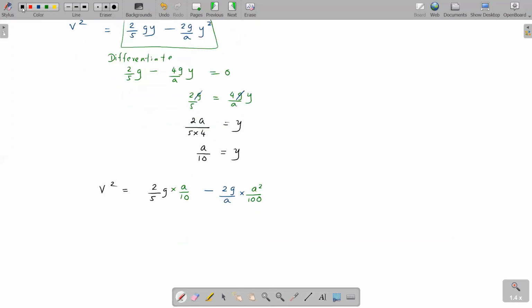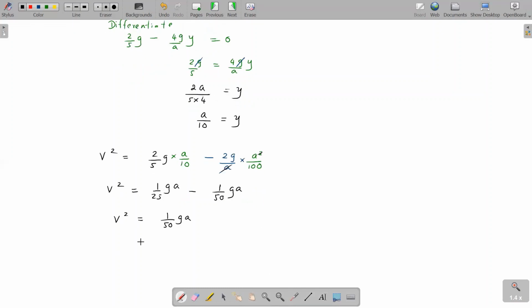So when you simplify, I get v square equals, sorry, 1 over 25 ga, when you simplify 2 over 5 into 1 over 10. When you simplify 2 into 1 over 100, it's 1 over 50 g, and the a cancels out, so 1 over 50 ga. Simplifying 1 over 25 ga minus 1 over 50 ga, what do we get? We get 1 over 50 ga.